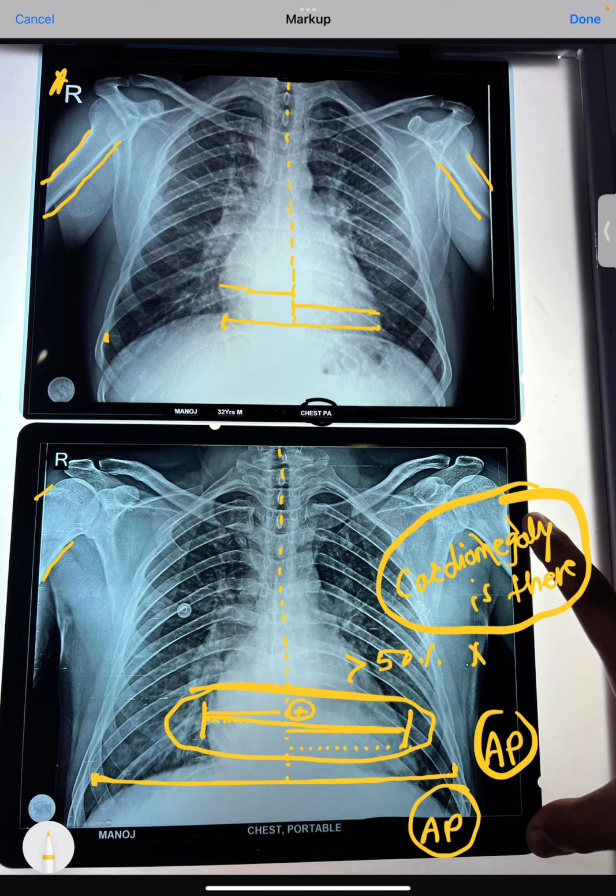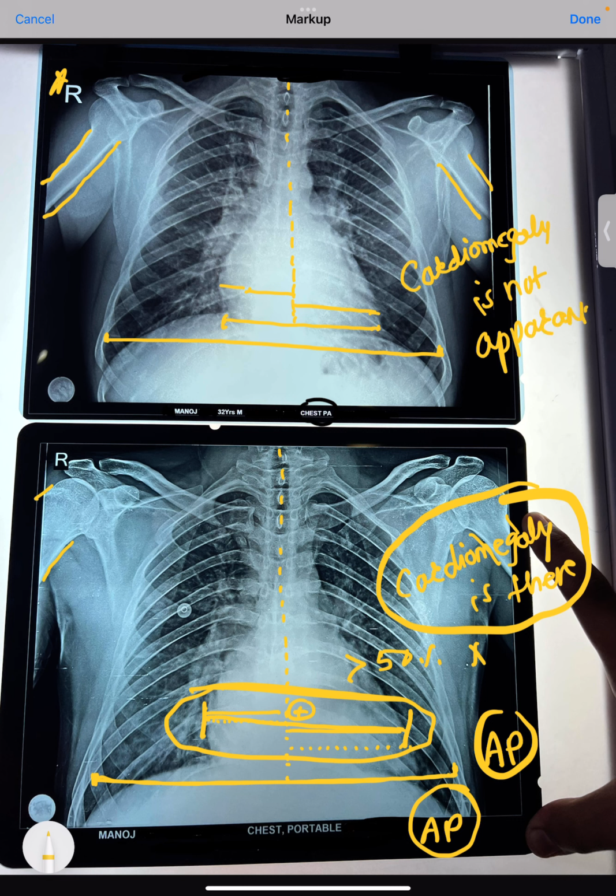But when we see the farthest points or the longest diameter, considering the internal diameter from the inter rib distance, now this distance is not more than 50%. It appears less than 50% of this diameter. So cardiomegaly is not apparent here.